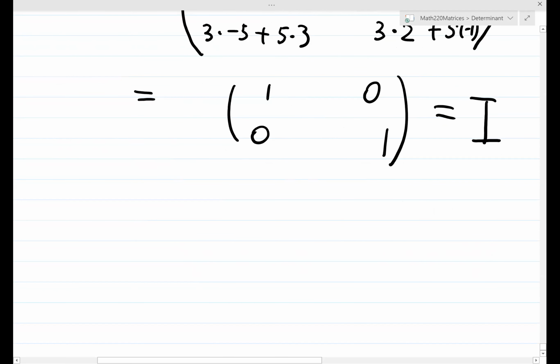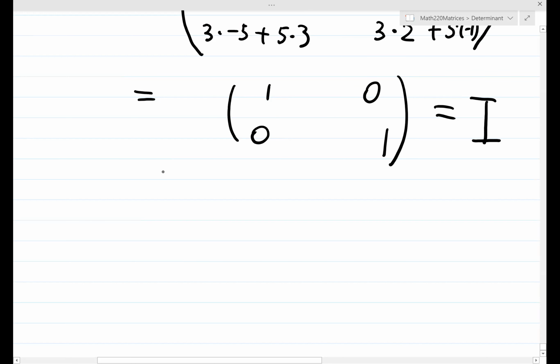Okay, Cramer's rule tells us how to find A inverse. From Cramer's rule, if the determinant is non-zero, then A is invertible. So an easy corollary of Cramer's rule is this theorem.